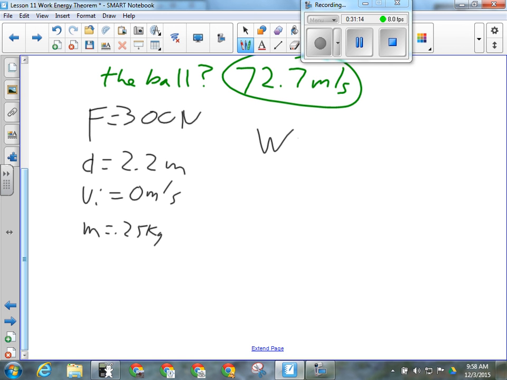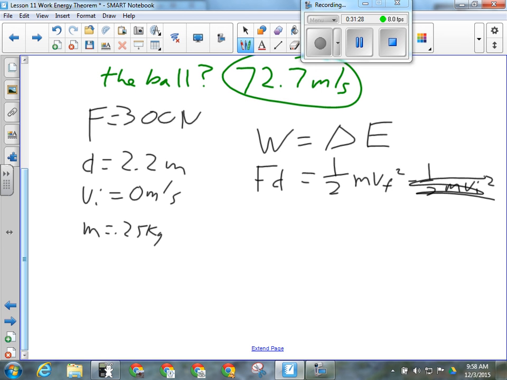All right, the pitcher is changing the energy because they're doing work. Work is force times distance, and that's going to equal 1/2 m vf squared minus 1/2 m vi squared, which we already said was 0. What am I looking for? Vf. So what do I do with 1/2 an m?